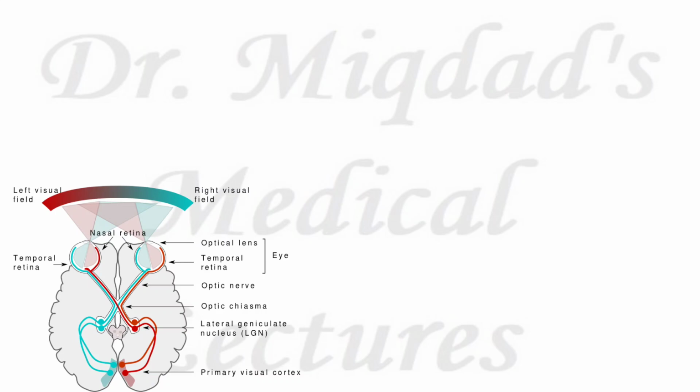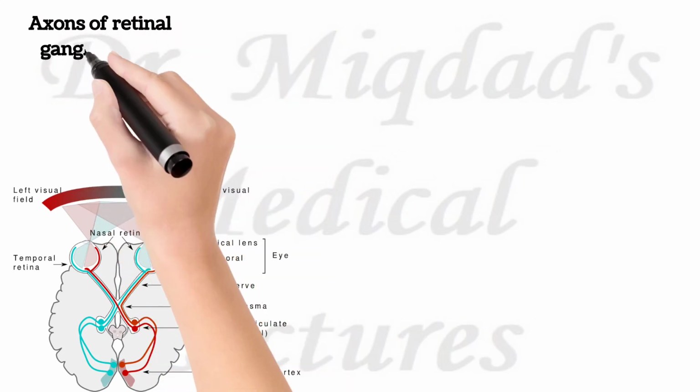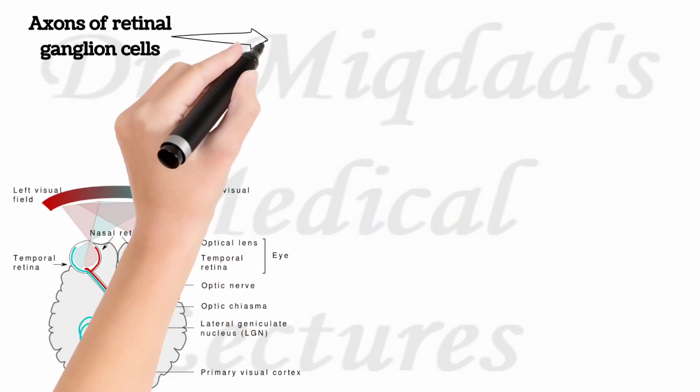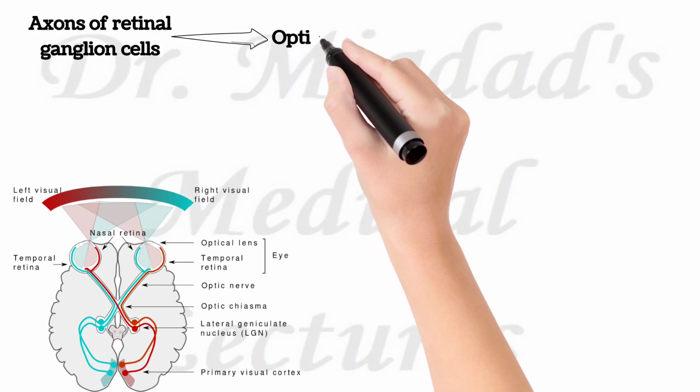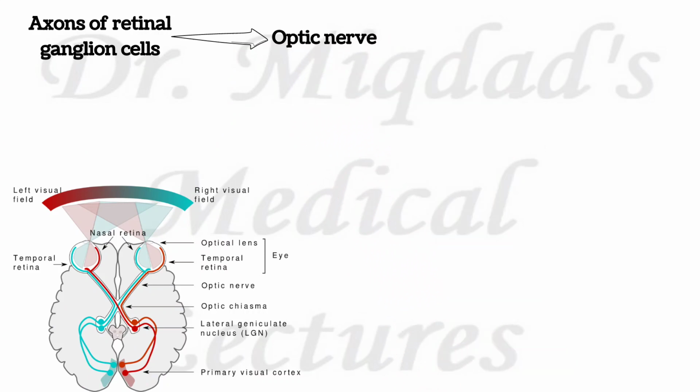Then the axons of retinal ganglion cells form the optic nerve. The point at which the optic nerve leaves the eye is called the optic disc and is the physiological blind spot.